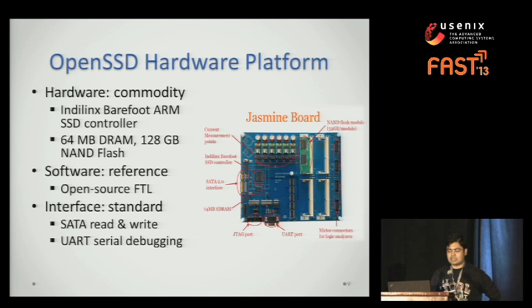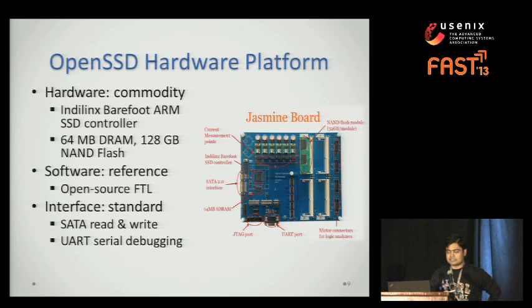Secondly, it has 64 megabytes of DRAM, and you can configure up to 128 gigabytes of NAND flash on it. So the amount of RAM is quite low, up to about 2 bytes per 4 KB page, and therefore at several points in our prototyping experience, we had to limit the address space which we can address by reducing the amount of RAM which we are using.